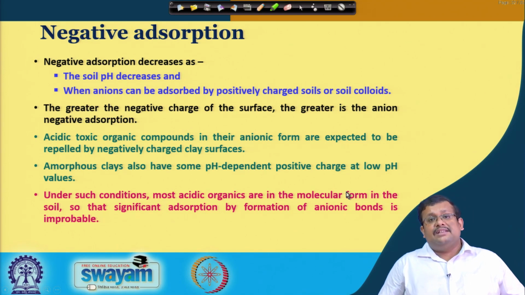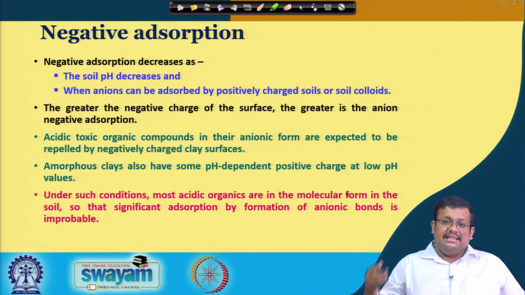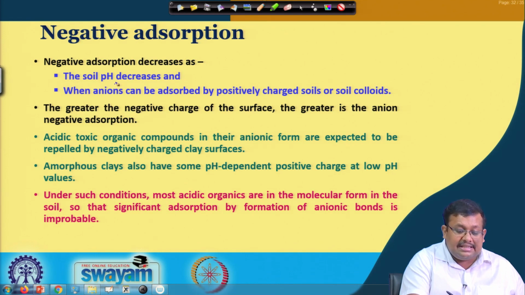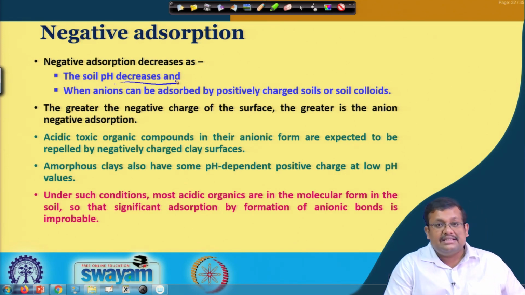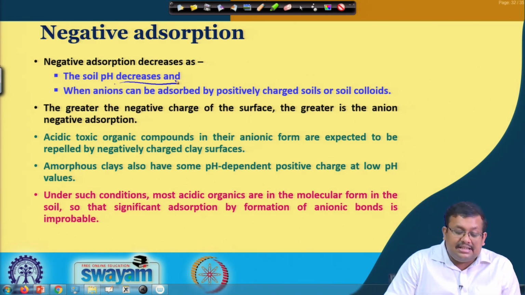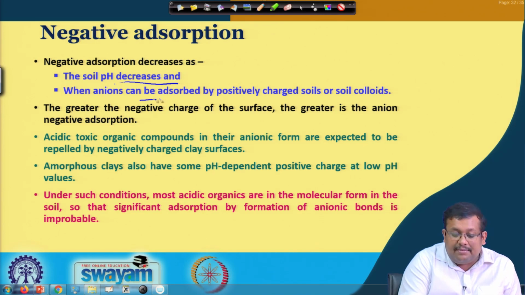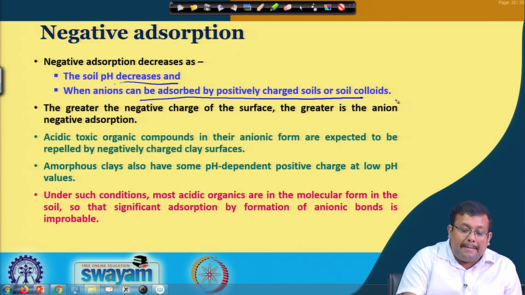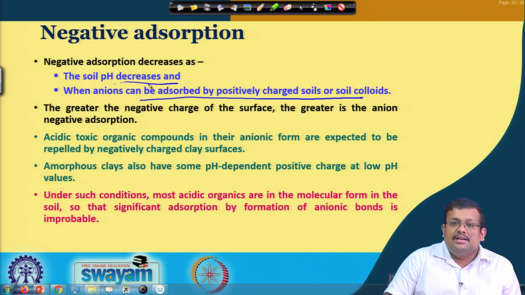Now, negative adsorption in the soil decreases as the soil pH decreases. So, when the soil pH decreases, negative adsorption decreases, and the anions can be adsorbed by positively charged soil or soil colloids. Why?